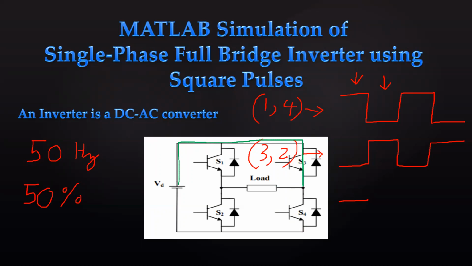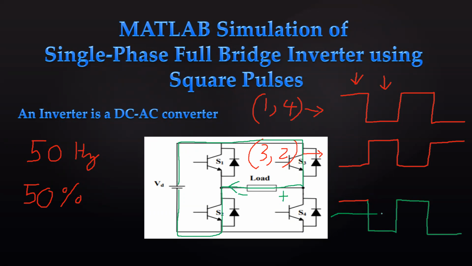It will not go to the fourth switch, right? So it will go to the load, come down through the second one, as we know the second is also on, and go back to the battery. At this time the load will be positive here and negative here, and current will flow in the opposite direction. So the output will be negative. It will be constant for some time and this cycle will repeat, right?